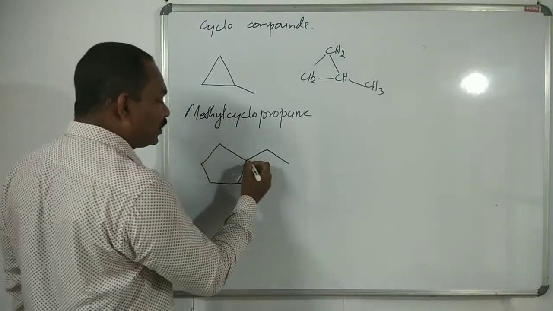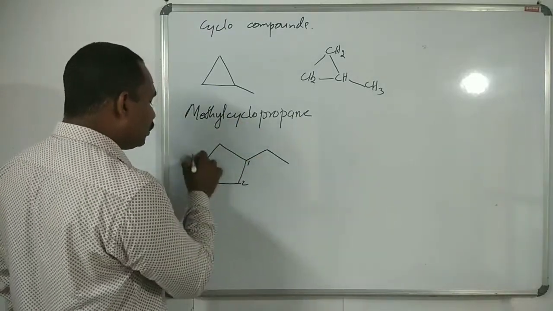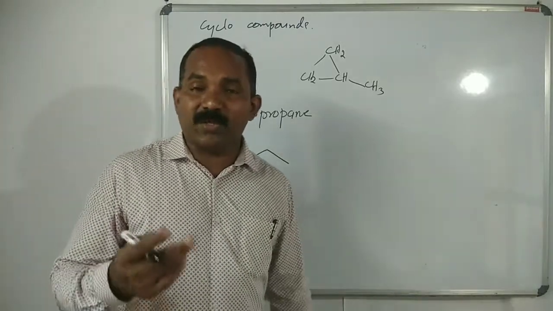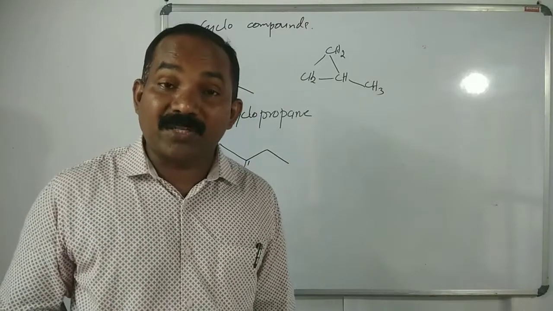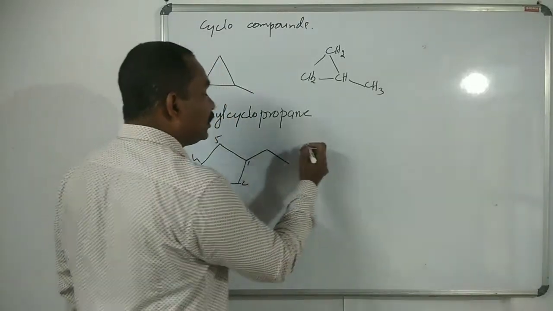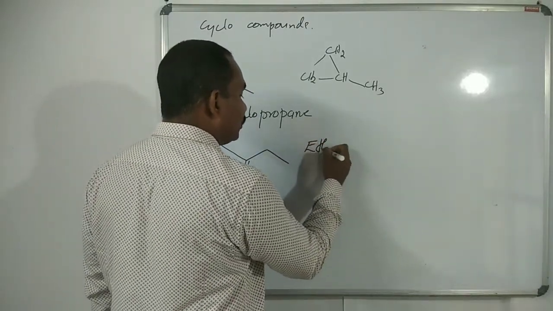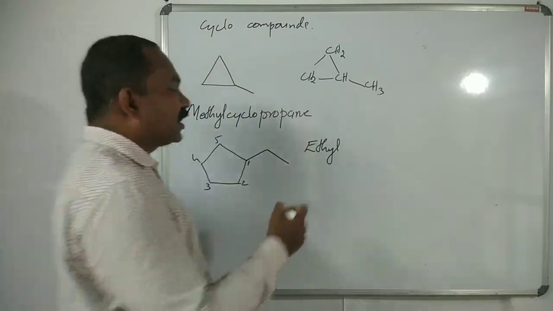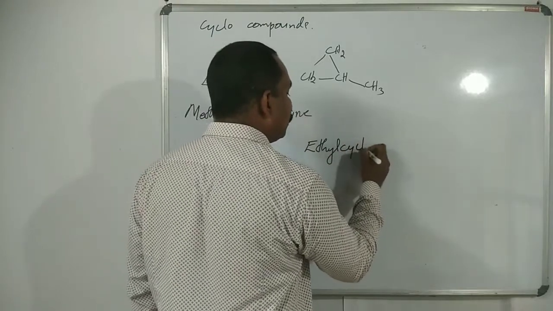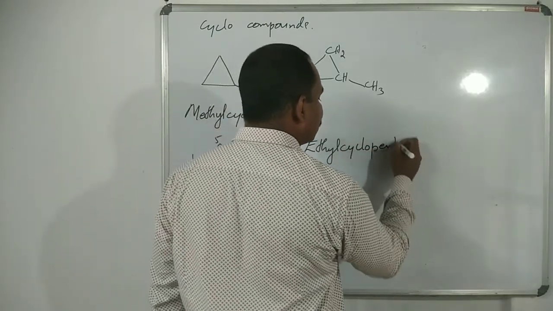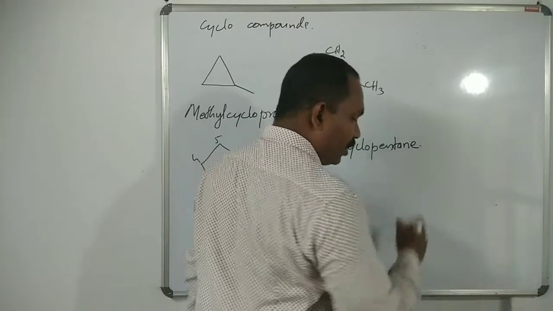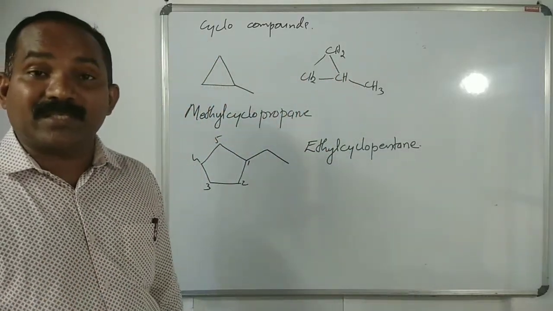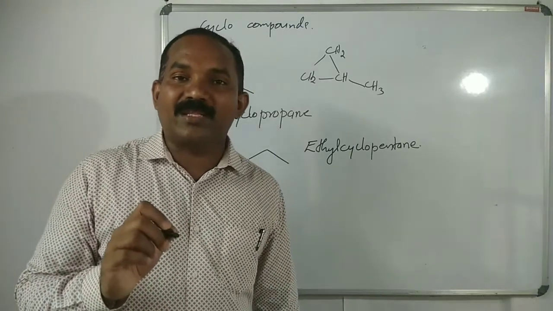So number the chain 1, 2, 3, 4, 5. Only one substituent, that's why there is no need to mention the position. It is ethyl. The ethyl group is attached to cyclopentane, so ethylcyclopentane. As two substituents are there, you should mention the position.